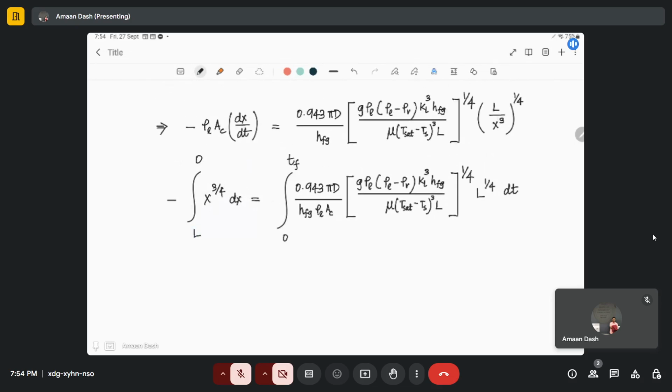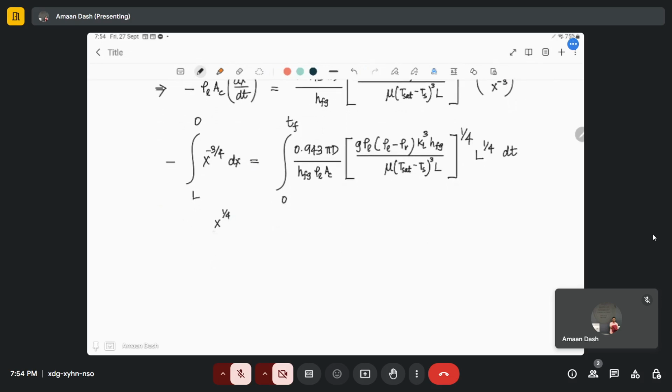This will be minus 3 only. So here it will be x to the power of 1 by 4 divided by 1 by 4, and from L to 0, the minus sign. And this will be equal to this entire term multiplied with t_f.